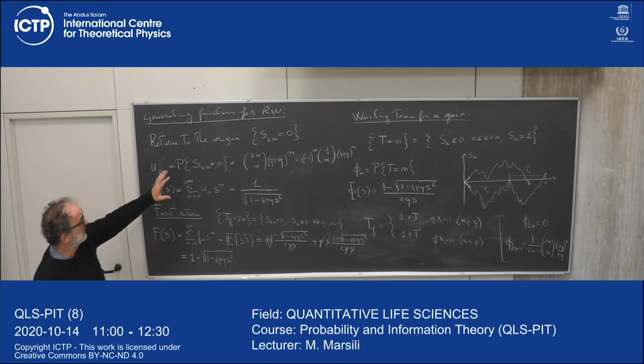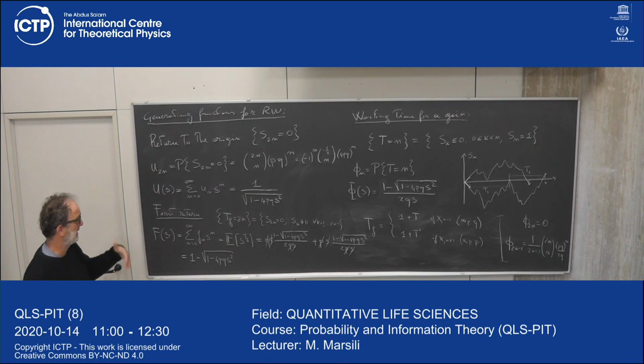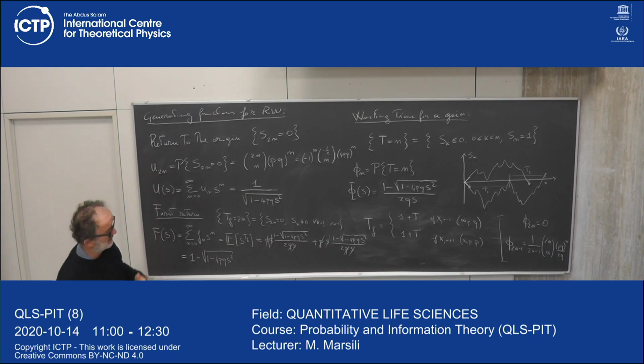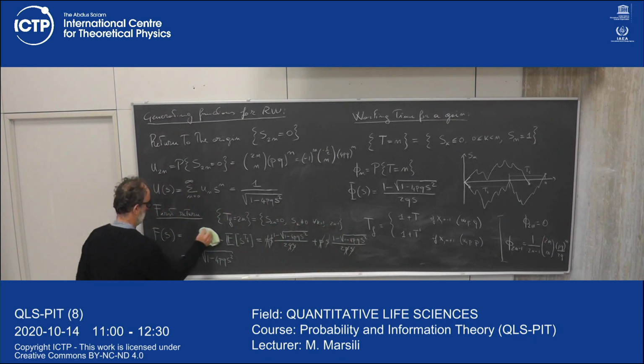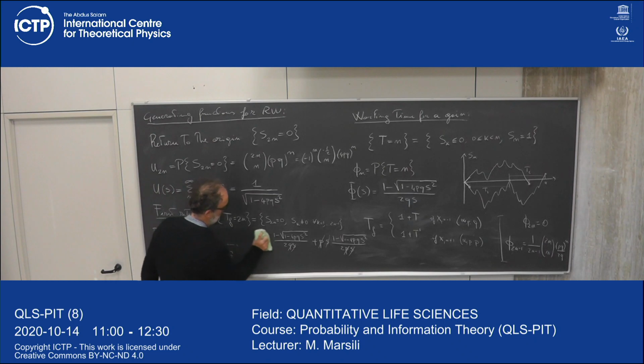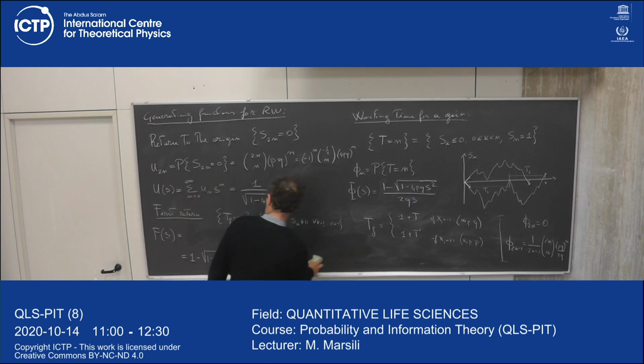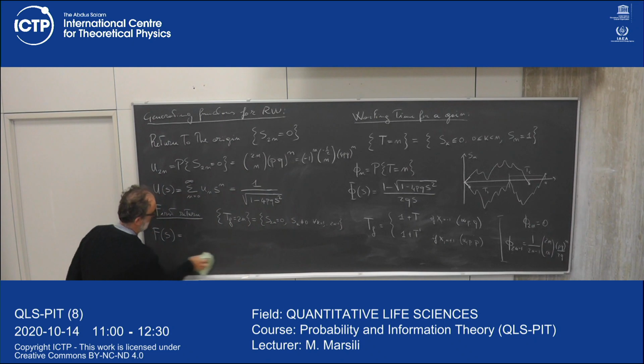This is the general case where we have a biased random walk, a random walk which has a bias or a drift, either in the positive direction for p larger than 1/2 or in the negative direction. Again, you can do the same calculation as before, and so let me write it here.